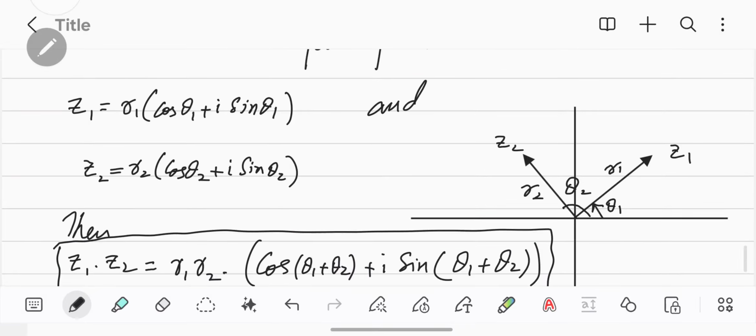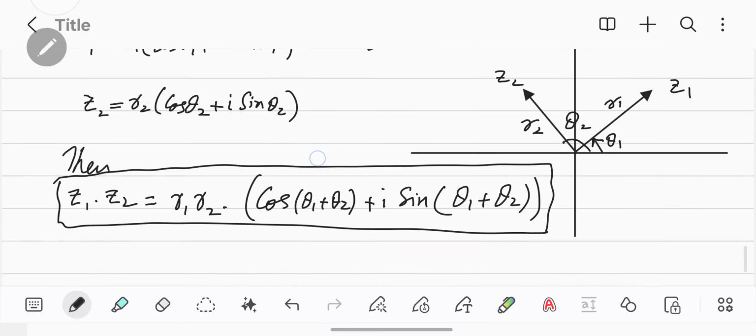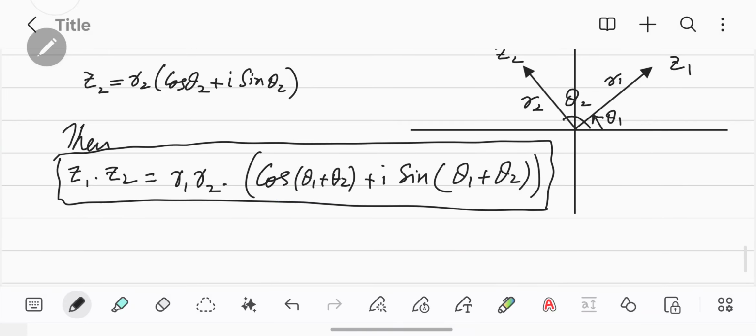Okay, so what are the assumptions? The assumption is the polar form of z1 is this one and the polar form of z2 is this one. Then their product has this polar form. What is the product?